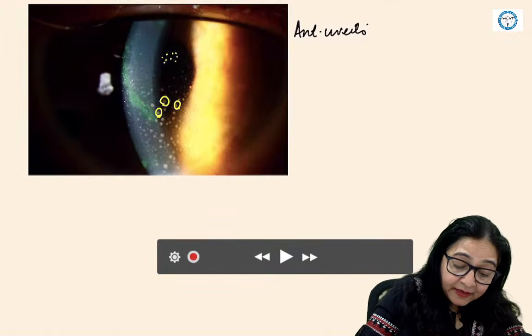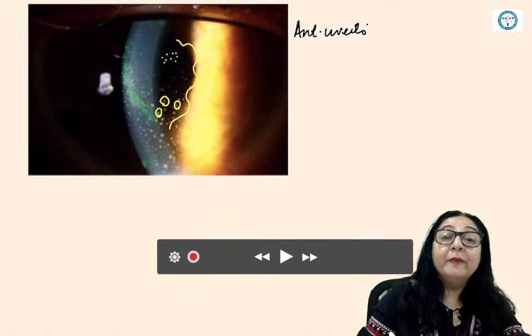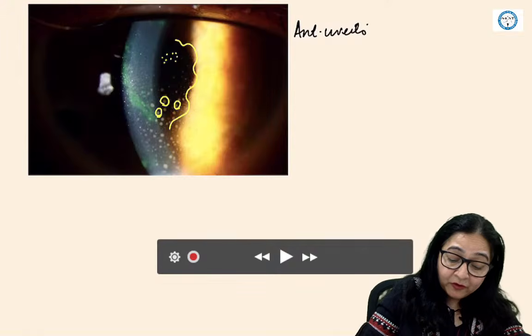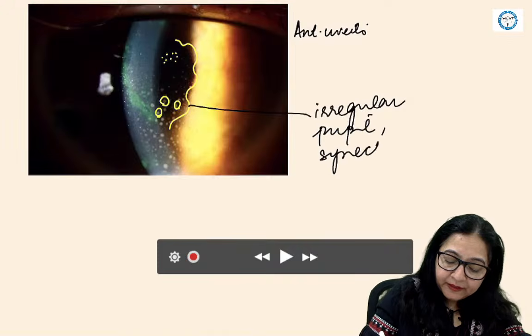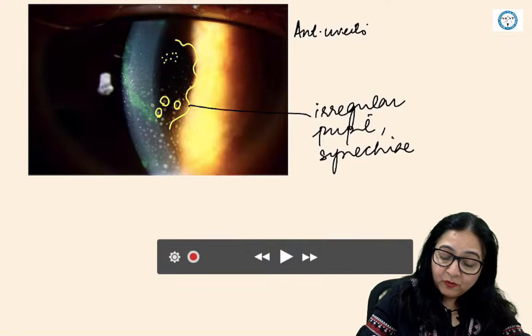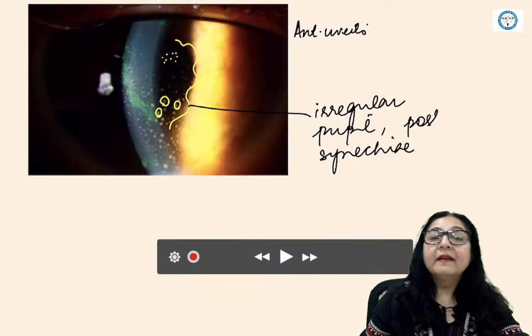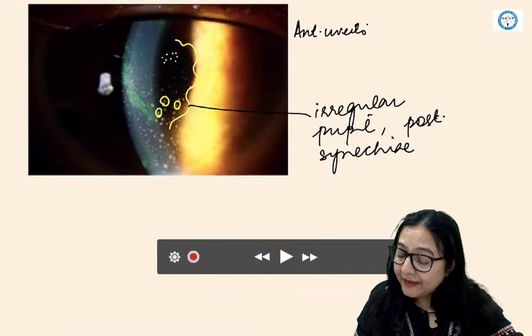And there can be even irregular pupil because of the posterior synechiae. So that can also be given in your slit lamp examination. Okay? Right, beta?